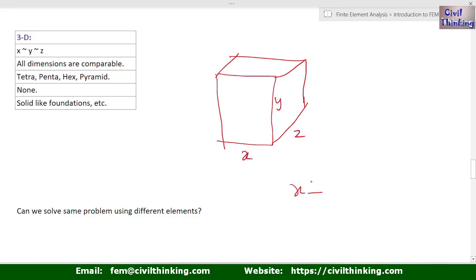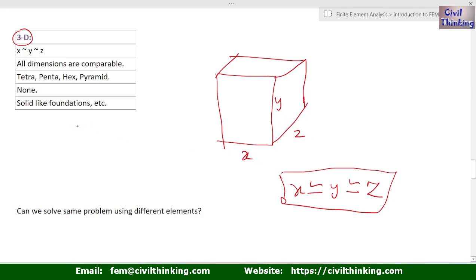You can see x is approximately equal to y, which is approximately equal to z. Because they are comparatively equal, we use 3D elements, where the three dimensions are comparable.